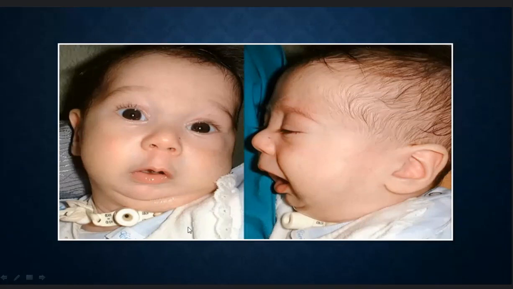So this device here is for tracheostomy. And why did this patient undergo tracheostomy? To overcome the upper airway obstruction by the tongue. Feeding difficulties in those patients. Some of them may also have laryngomalacia, which exacerbates the problem.